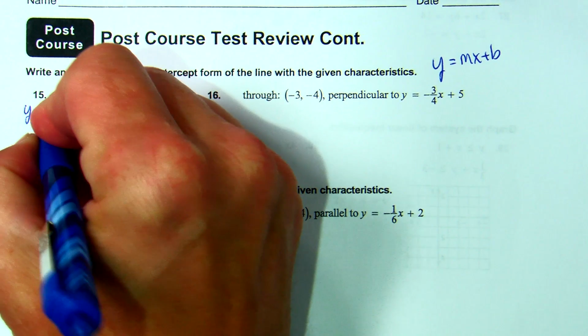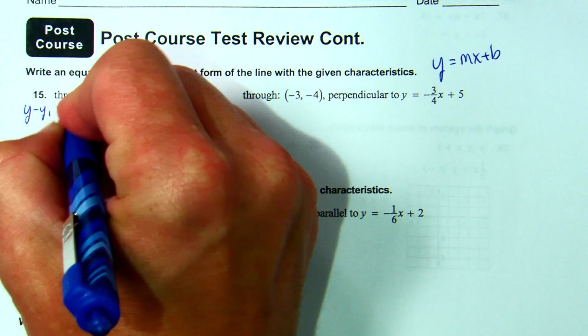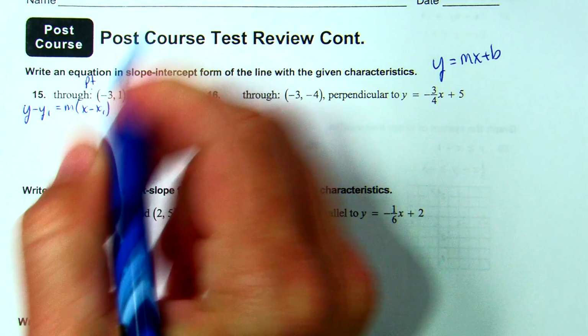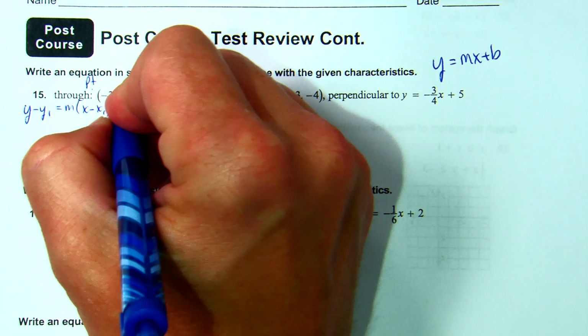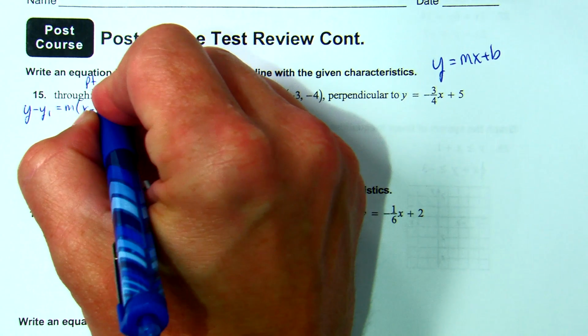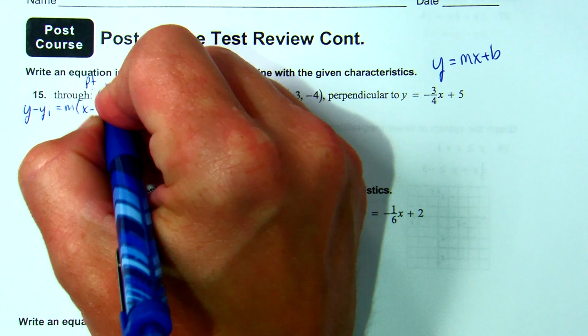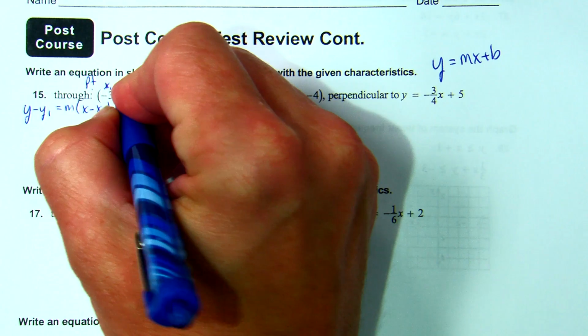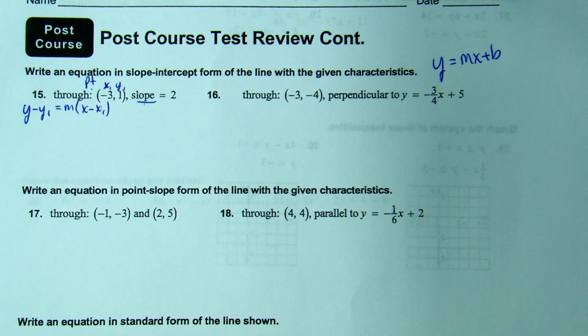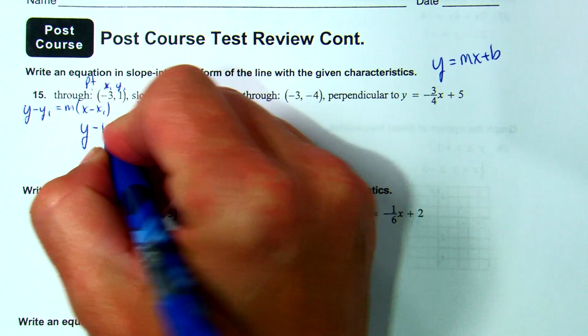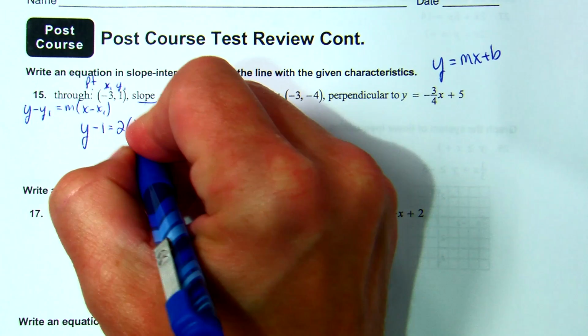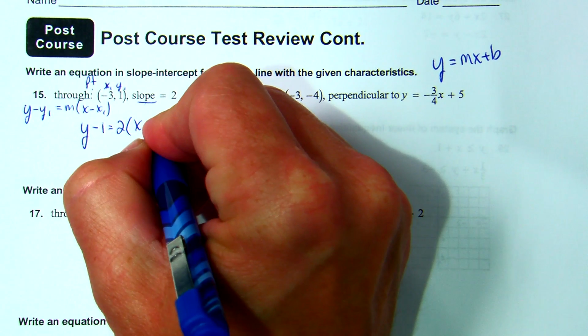So, again, y minus y1 equals m times x minus x1, where x1 and y1 are just the values of the coordinates for x and y here. So that's my x1, that's my y1. Now, if I put those values in, I'm going to have y minus the y value, which is 1, equals the slope of 2 times x minus a negative 3.